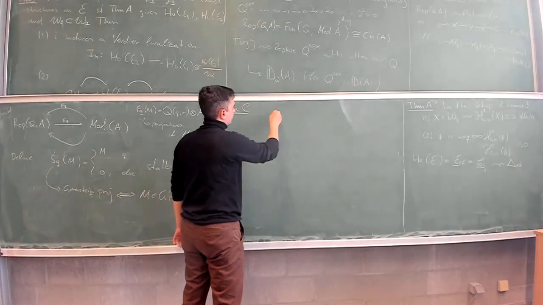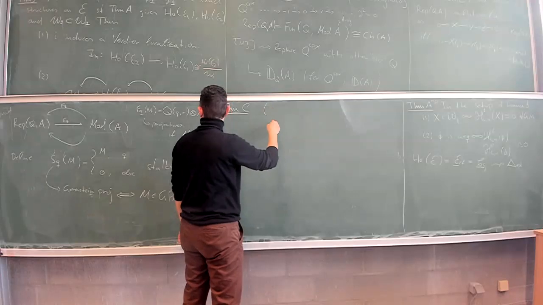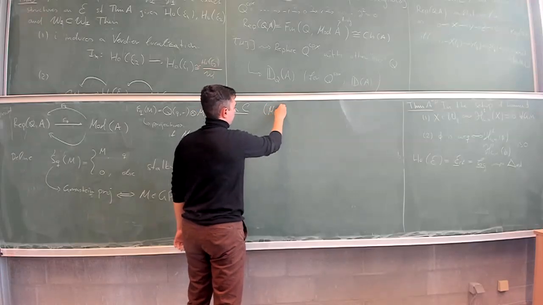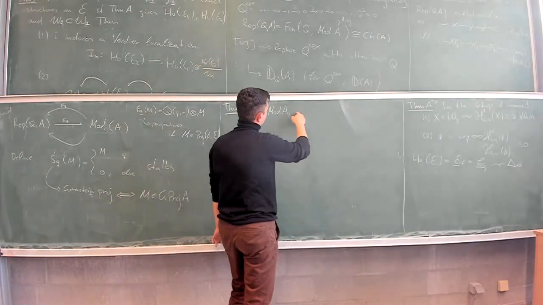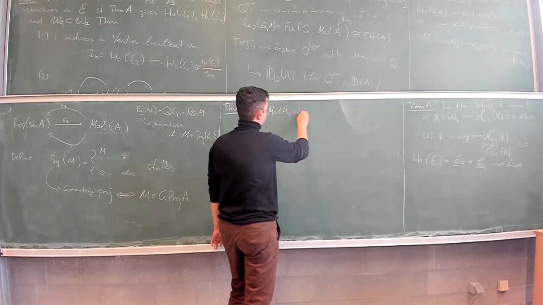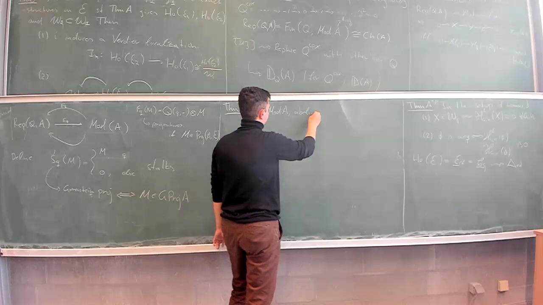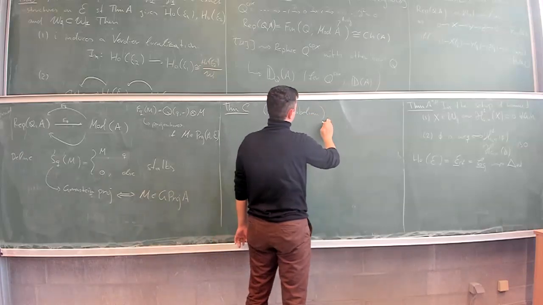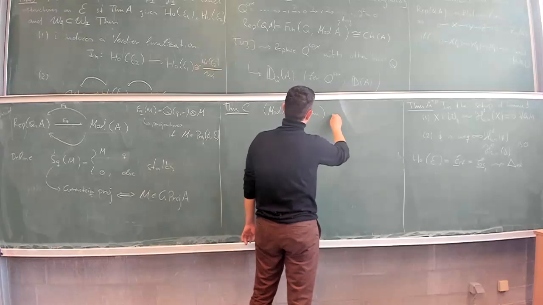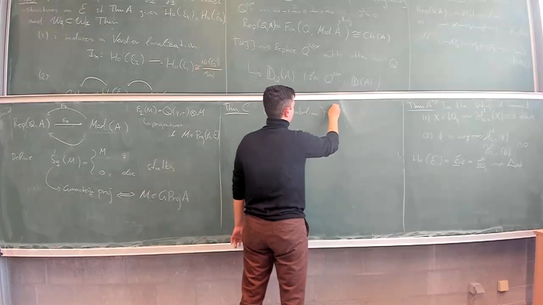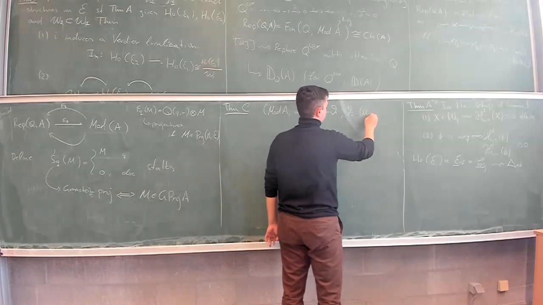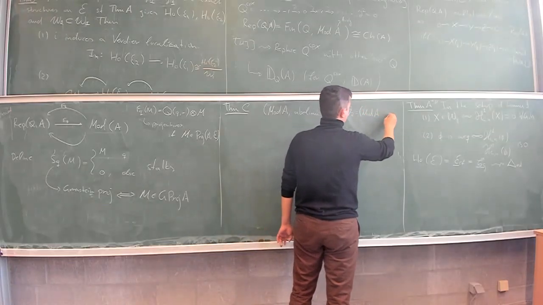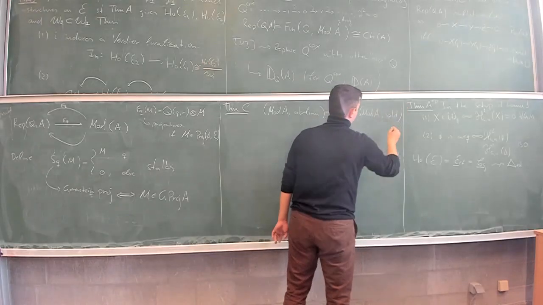So take the category mod A with, let's call it, the abelian structure, theta 1, and let's take theta 2, mod A with the split exact structure.